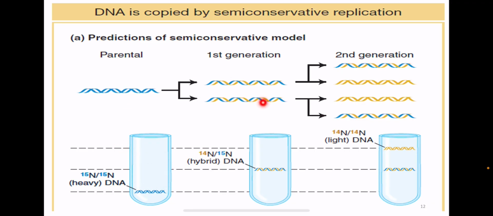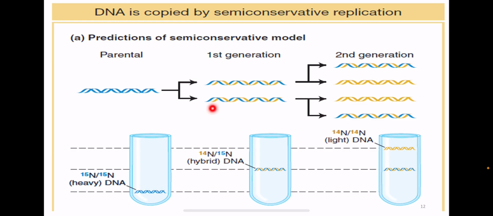The parent molecule is labeled with the blue color, that's N15, and the new nucleotides are labeled with N14, okay. And the N14s are less dense, less heavy than the N15 ones. So the pure structure, which is the parent molecule, is going to be heavy, and of course it will be at the bottom of your test tube.